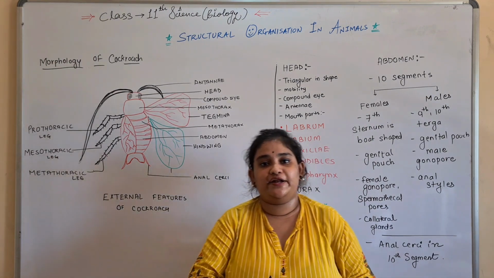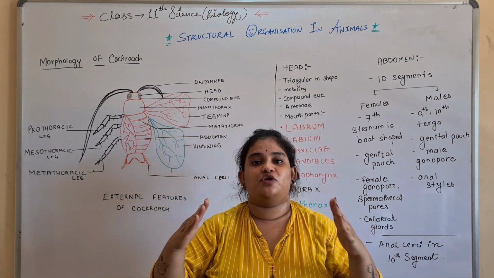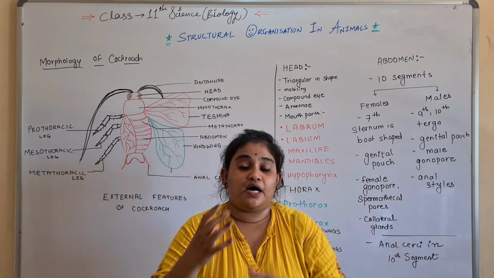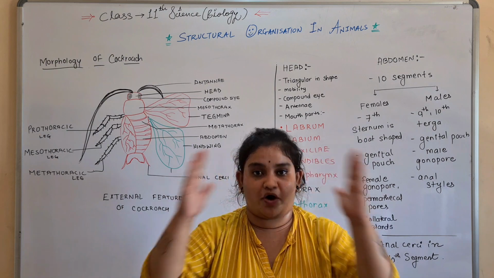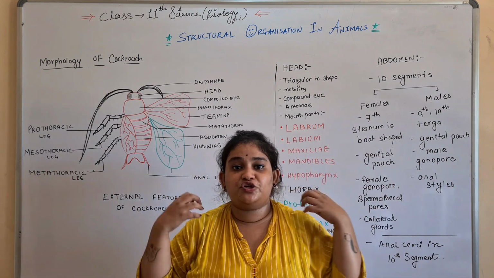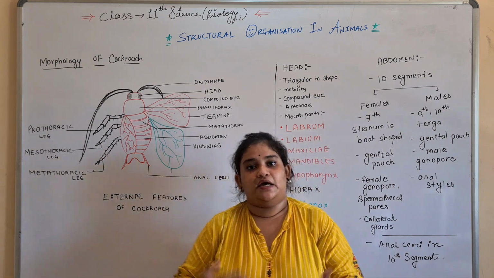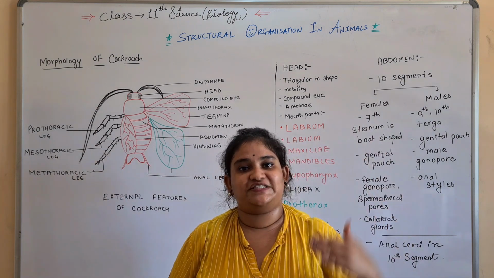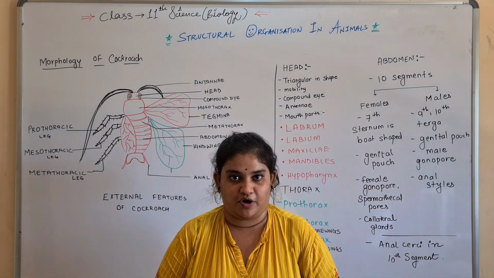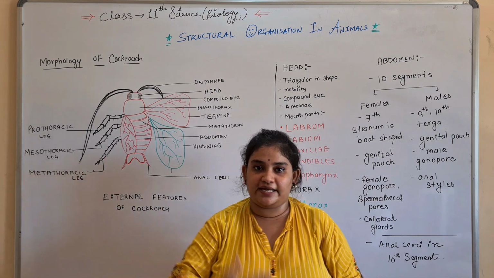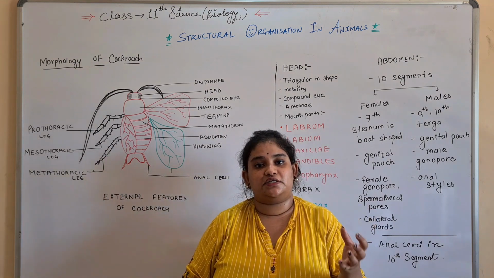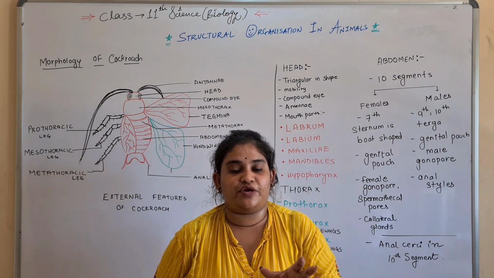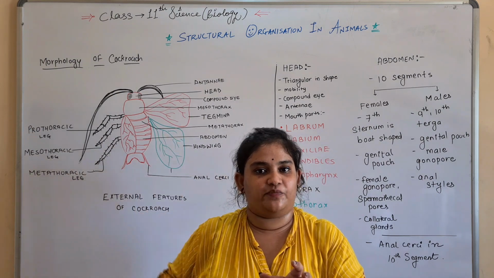Now, coming to the head region, the head is triangular in shape. Now, understand the ergonomics of the body structure. Our body design is related to our environment or our lifestyle. Similarly, all organisms have body structures designed in a similar way to perform specific functions of the body.